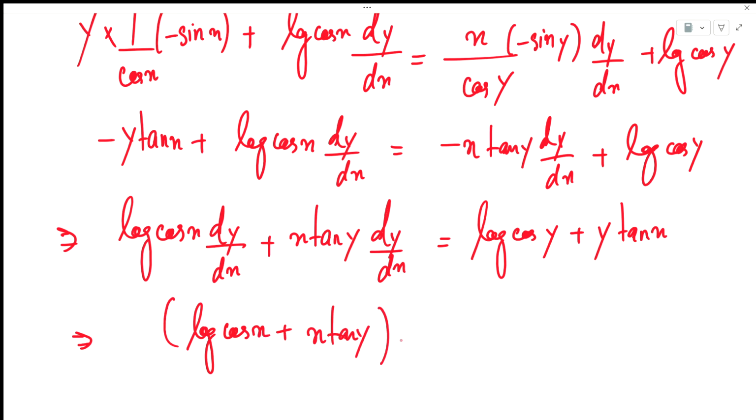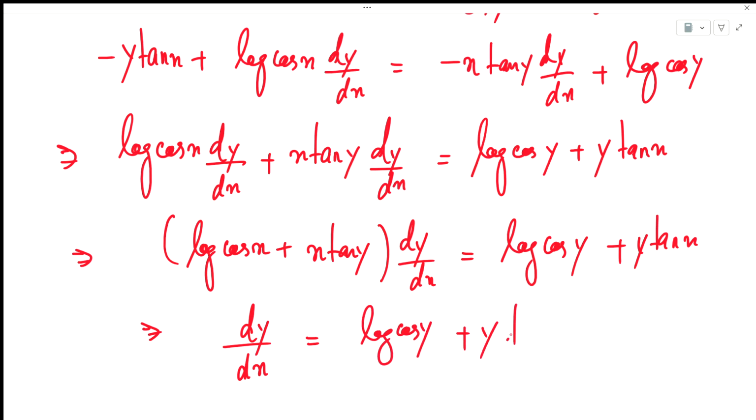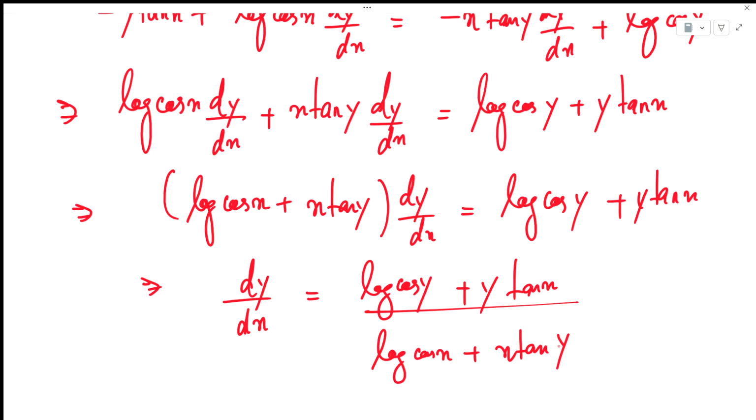Now this is dy by dx, and over here log of cos y plus y into tan x. So now just divide it. So dy by dx will give me log of cos y plus y tan x upon log of cos x plus x into tan y. So this is my question done and dusted. So we'll take the next question right away.